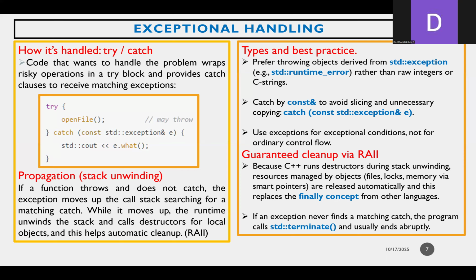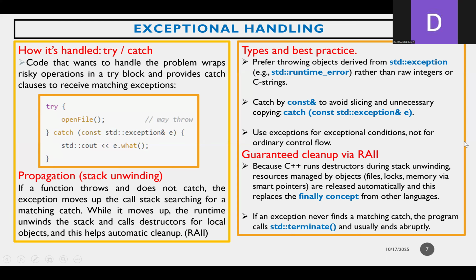Use exceptions only for exceptional conditions, and don't use them for normal, ordinary control flow. Using exceptions for simple if-else logic is actually bad. Instead, use exceptions for errors like file not found or division by 0.